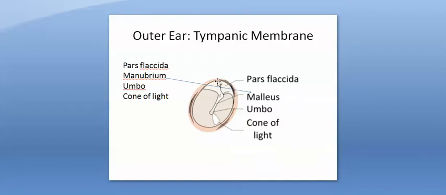So we'll go superior to inferior. The superior aspect is the pars flaccida, and it does look rather flaccid compared to this part of the tympanic membrane. Okay. Then you're also going to see the malleus. It's actually the manubrium of the malleus, and we're going to learn about the gross anatomy of the malleus.